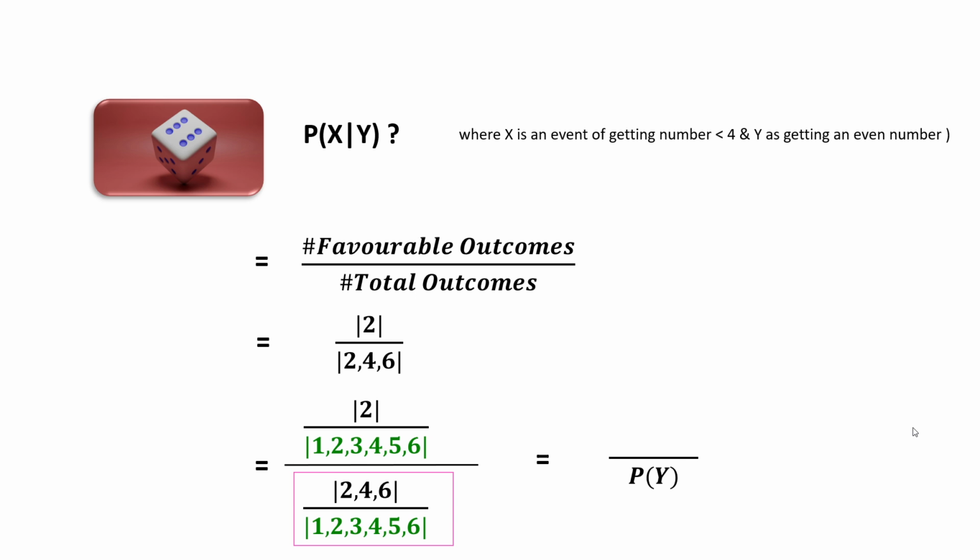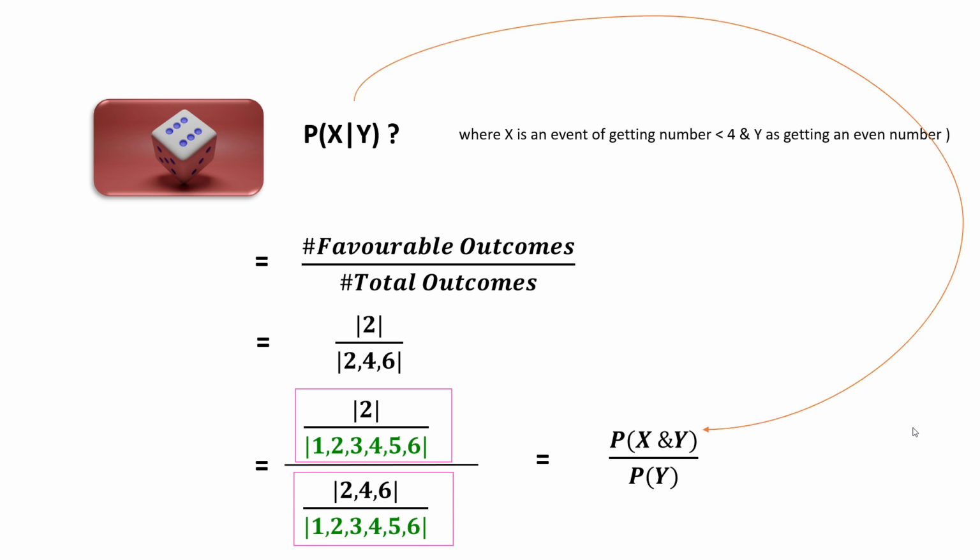While the numerator can be written as the probability of events x and y happening together. That is, the number is less than 4 and the event of an even number when you roll a dice. So this is how this formula came into existence.